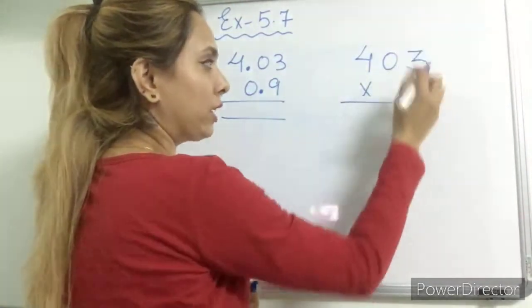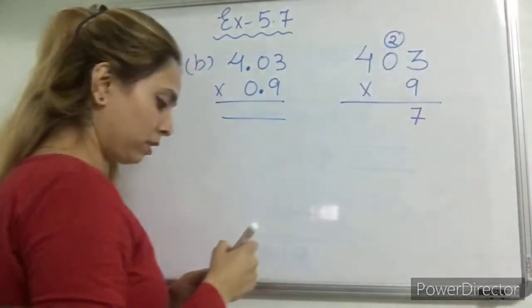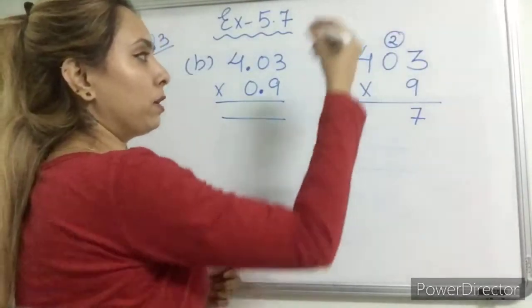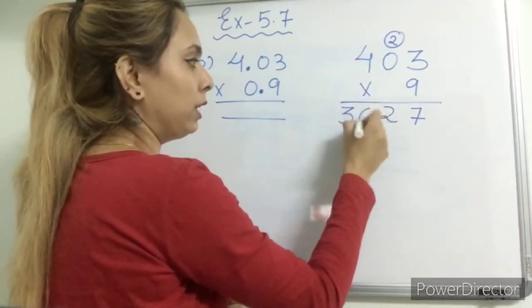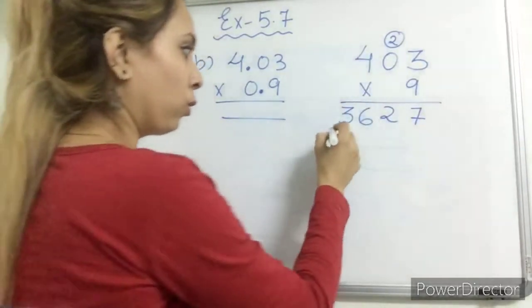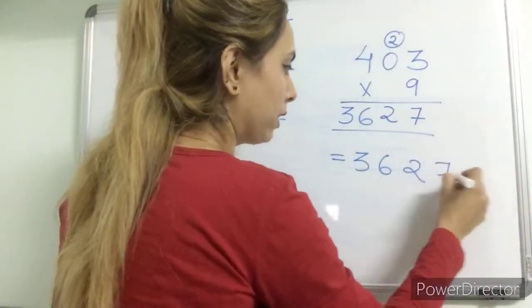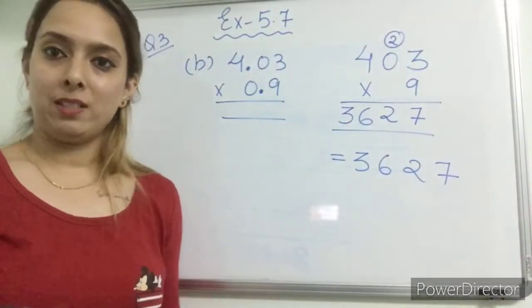So 9 3s are 27, 9 zeros are 0, 0 plus 2 is 2, 9 4s are 36. Now the answer is 3627. Now you will ask, ma'am, how will we put the decimal?